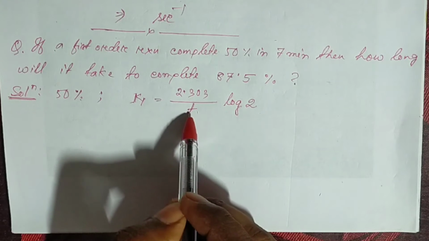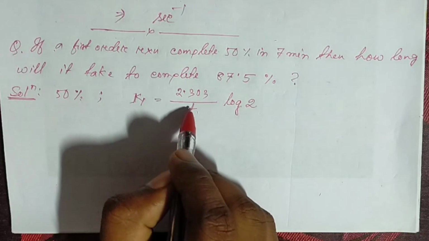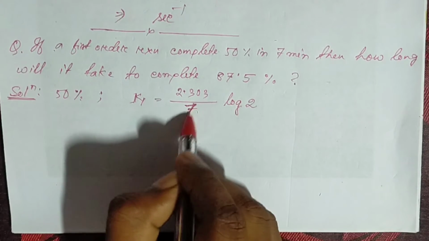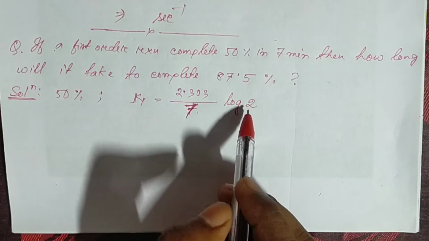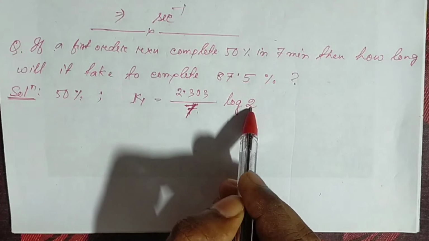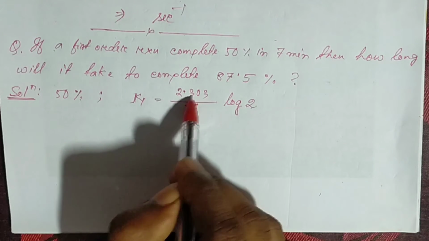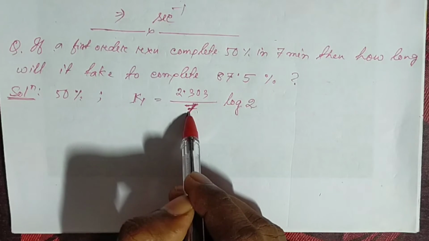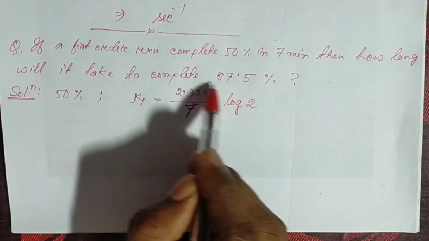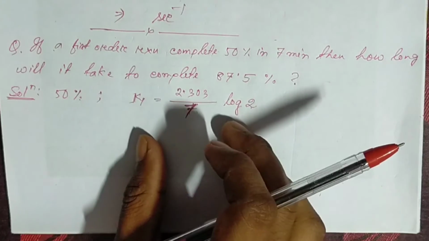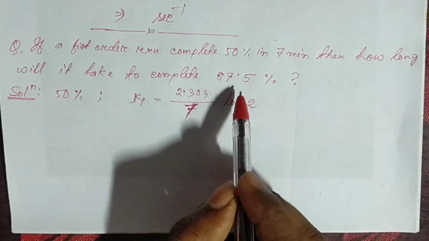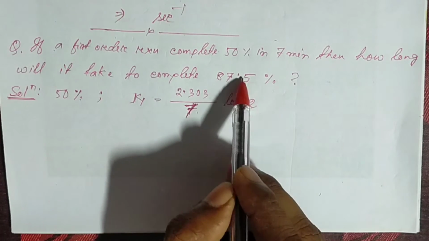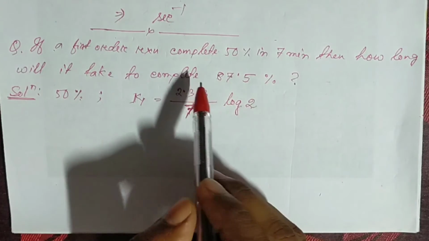So we can write t is equal to 7 minutes. We can calculate the log 2 value, and 2.303 and the time are given, so we can calculate the rate constant. Then we can put this value of rate constant in the case of 87.5% completion.